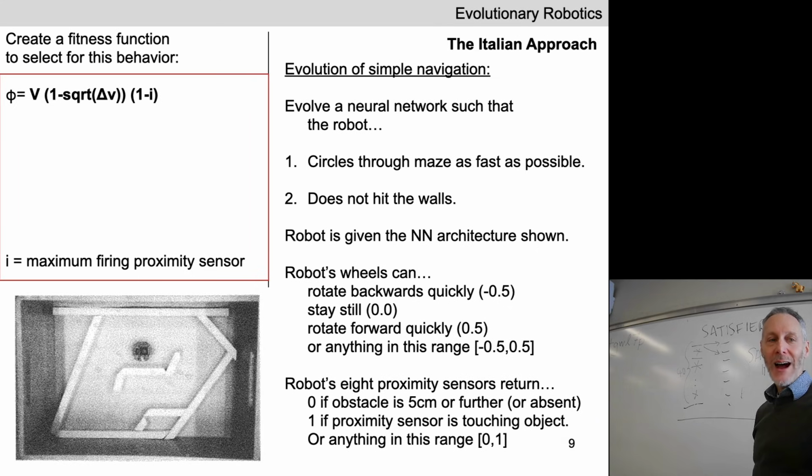I'll bet you, I know the investigators, I keep meaning to ask them, I'll bet you they ran phi equals v times 1 minus i to start with, and it didn't work. They probably got this or something else. All of these little subtle details you see were probably added in retrospect because the original fitness function didn't work very well. They probably did some fitness function engineering.